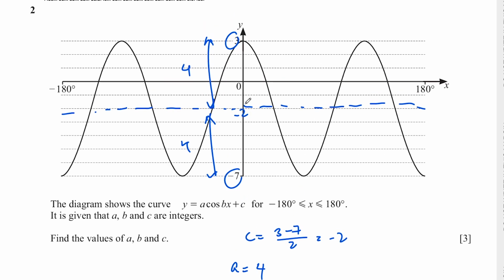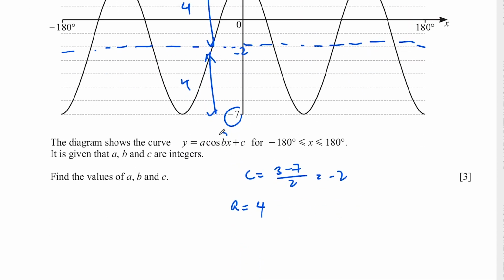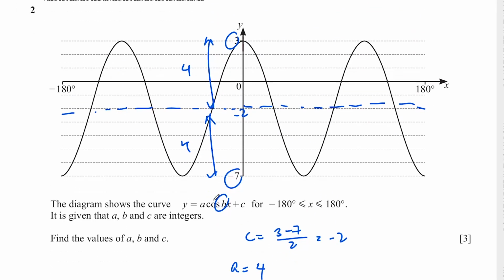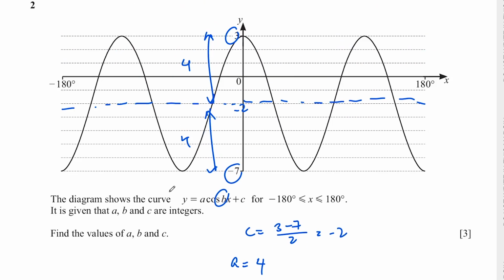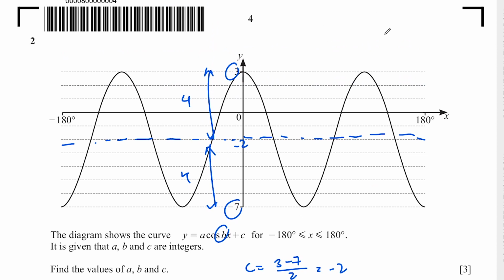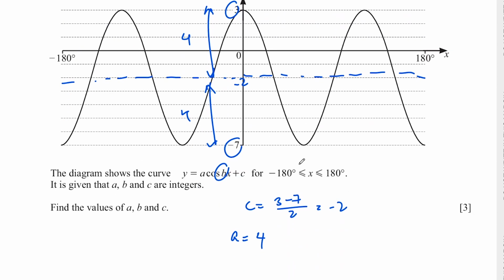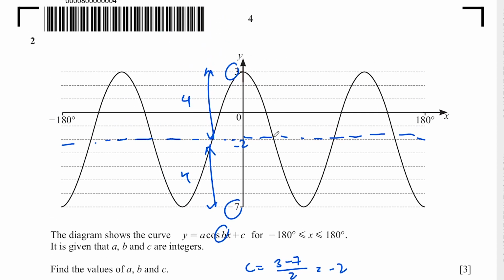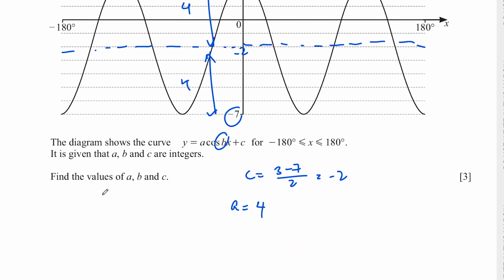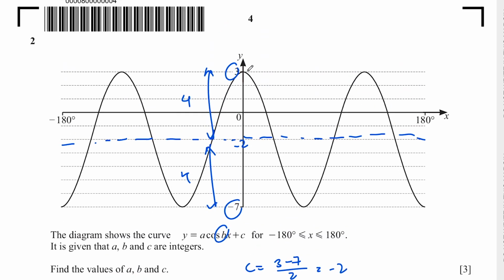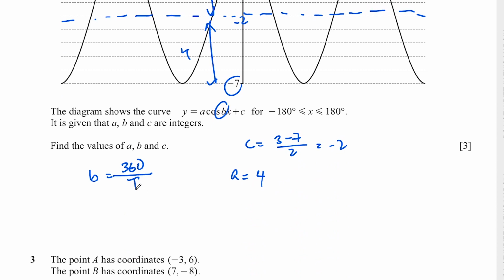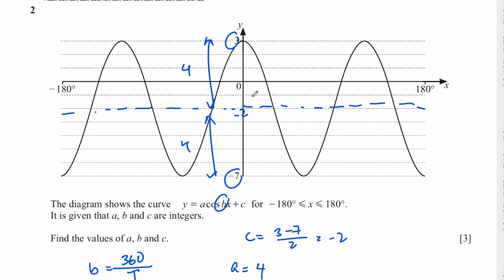So A will be just writing down the value of 4. Okay, next will be B, which is the frequency. B, you can think of it as how many times one complete graph will occur within the 360 degrees or 2 pi radians, or you can just use this formula: 360 divided by the period, which is T. So that will be the period in this case.